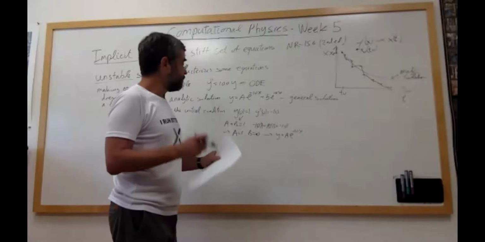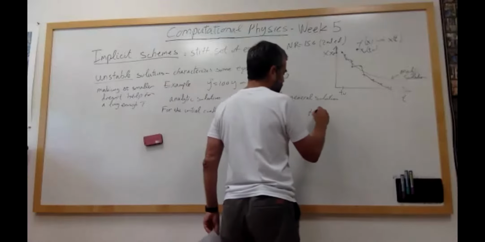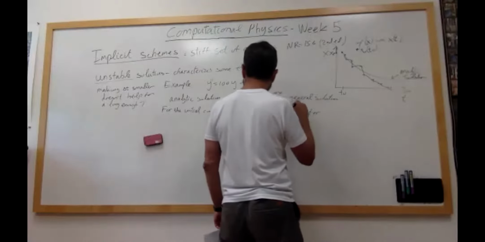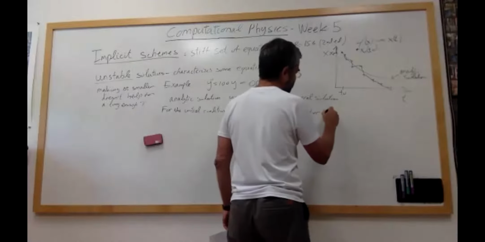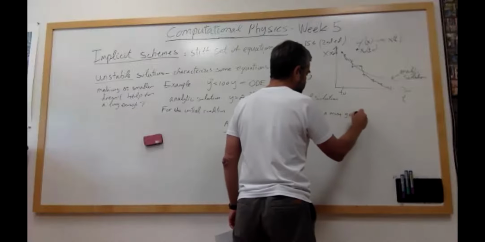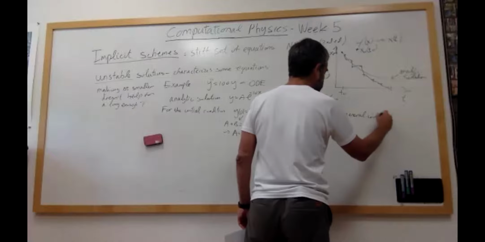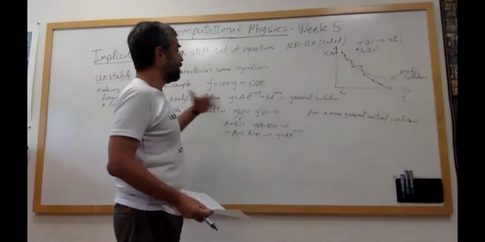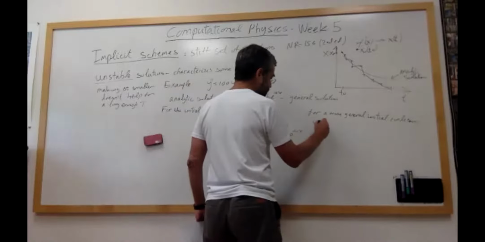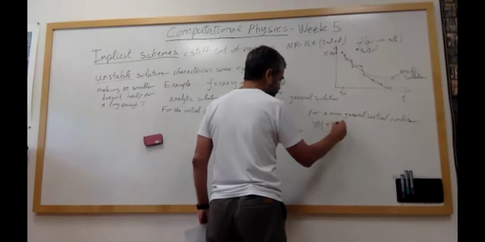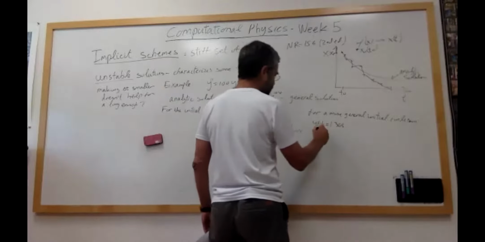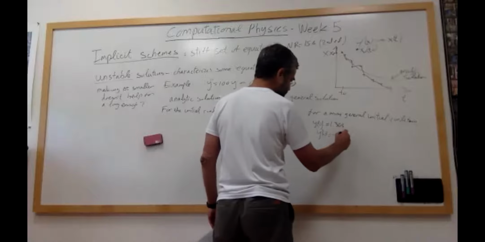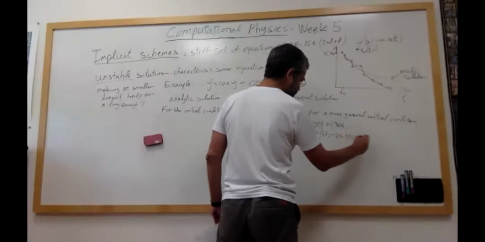But if we are given a more general initial condition, then it could be given that y of 0 is 1.365 whatever, and y dash of 0 is minus, I don't know, minus 26.356 and so on.